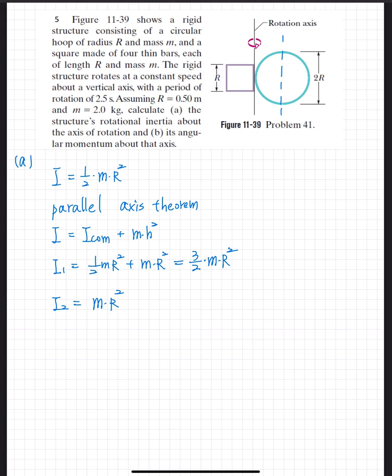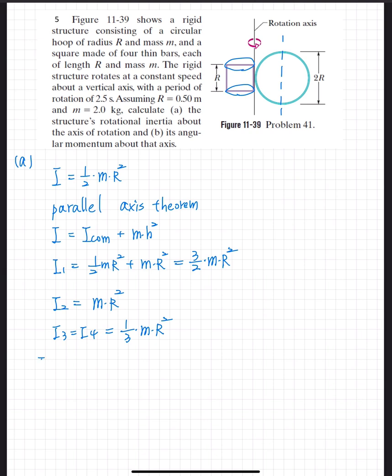And then we see these two parts. We know that their rotational inertia is equal to 1/3 times mass times radius squared. So we know all parts of the rotational inertia.